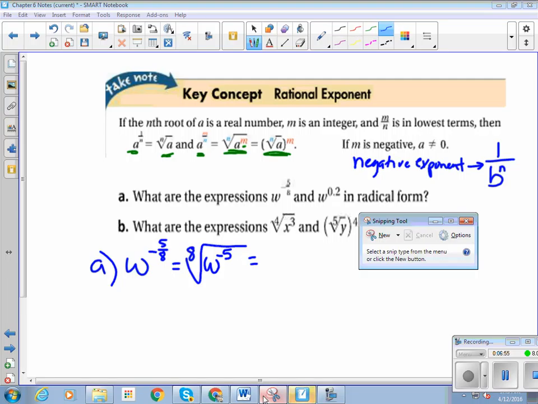When you're simplifying, they'll want you to write it as a positive exponent. So this will be 8th root of 1 over w to the 5th, or 1 over the 8th root of w to the 5th.